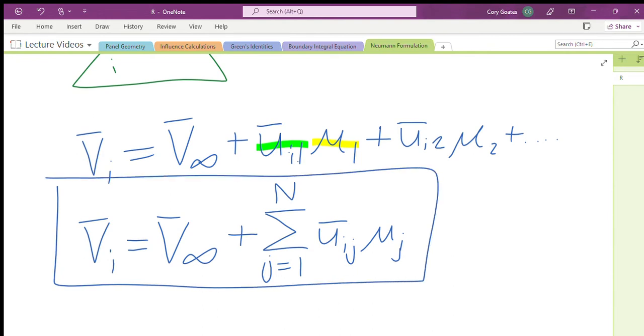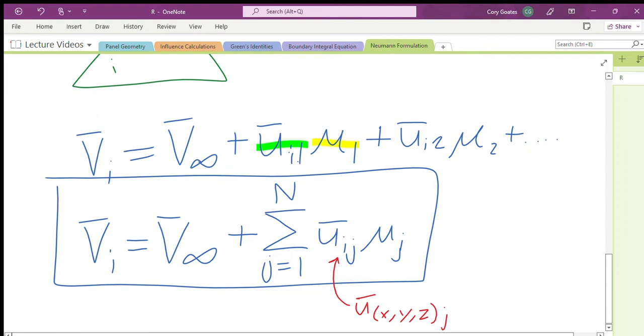And this, you know, I could really put in, instead of this I here, I could instead say u of some point x, y, z, j, and that would mean the velocity induced by panel j on some arbitrary point in space, point x, y, z.